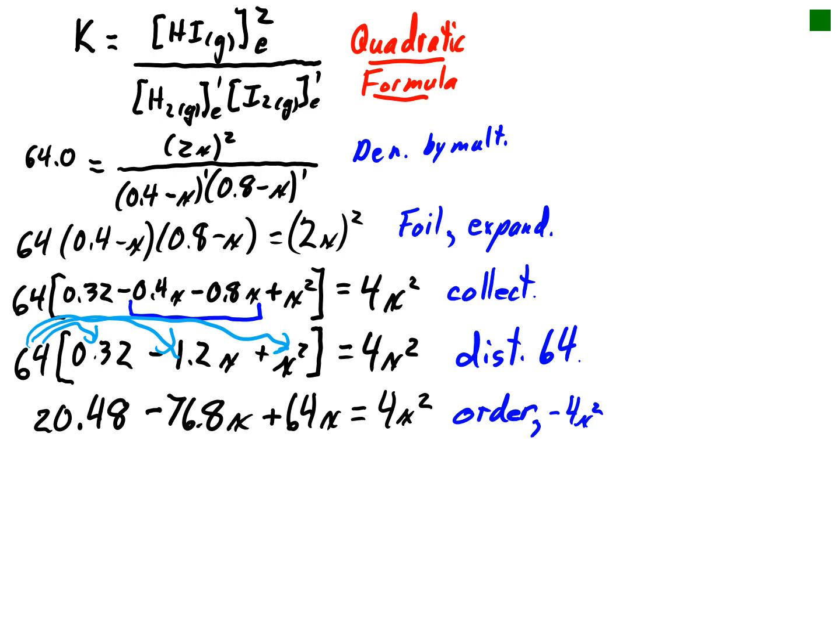So I've got 64x, almost missed that x squared here. Good, got that. Good, that makes more sense. So now I'm going to take my 64 on the left and my 4 on the right. I'm going to subtract the 64x squared minus the 4x squared. And so now I'm going to get, in order, 60x squared.